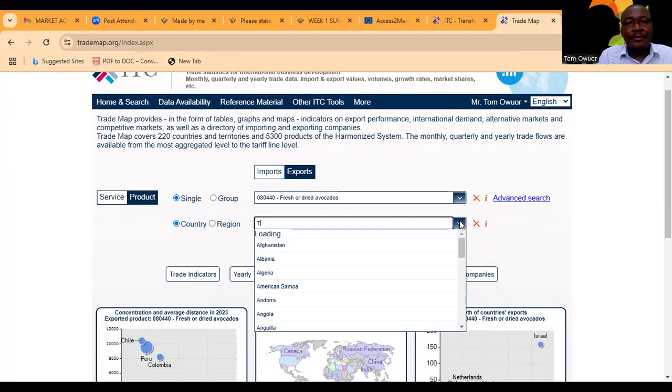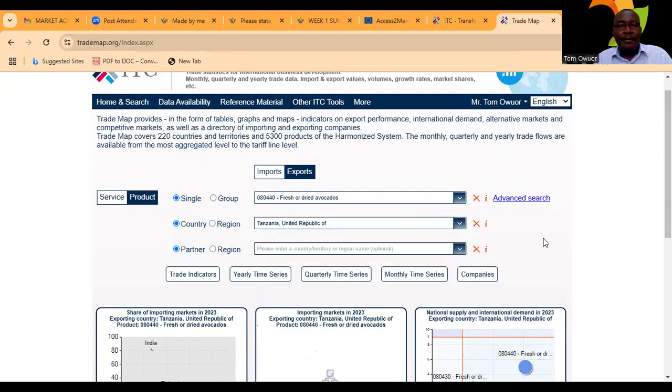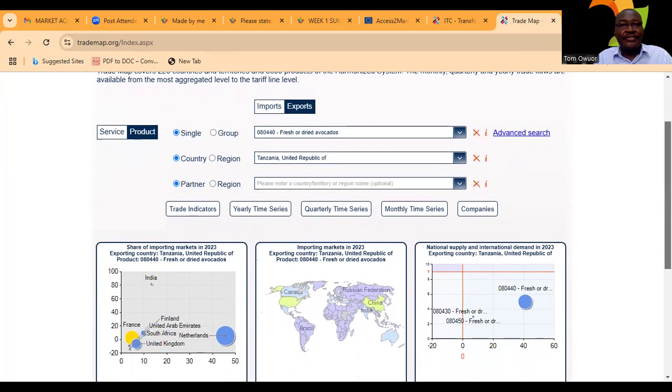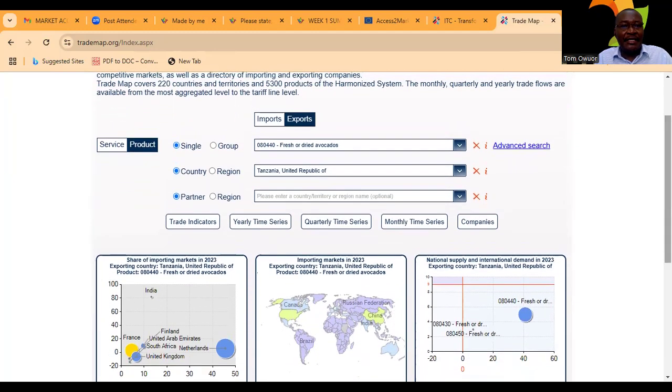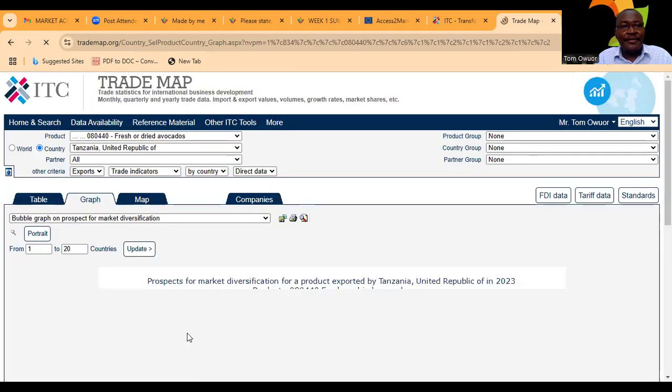Tanzania. It should come automatically. This is now Tanzania, and we want to see which countries Tanzania exports avocados into. Let me just click on this.